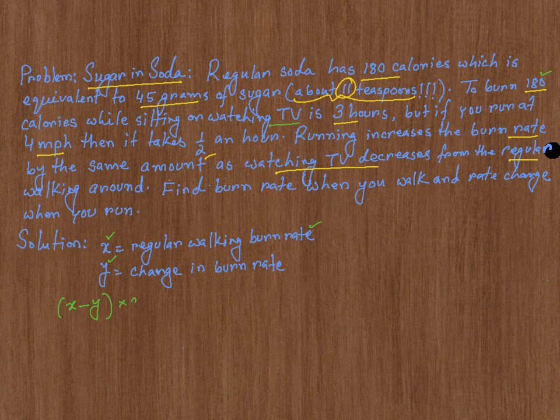So (X minus Y) times 3 must equal 180. I can simplify this equation by dividing both sides by 3, which gives me X minus Y is equal to 60.